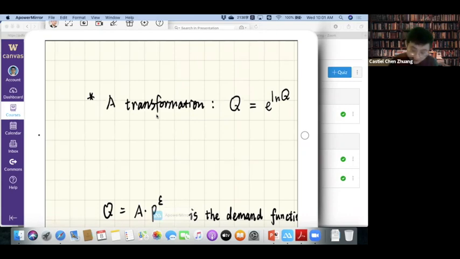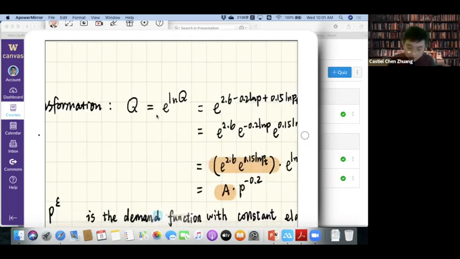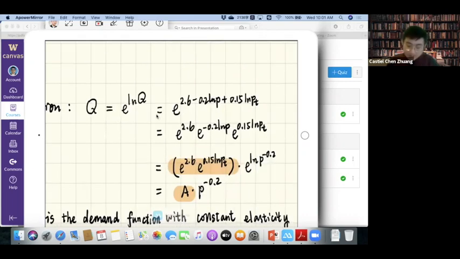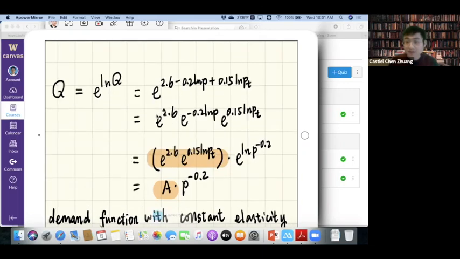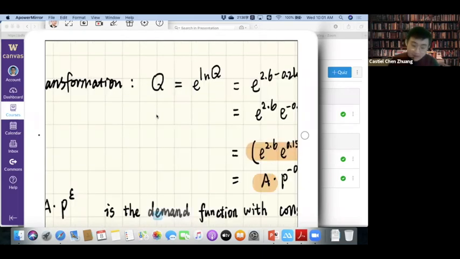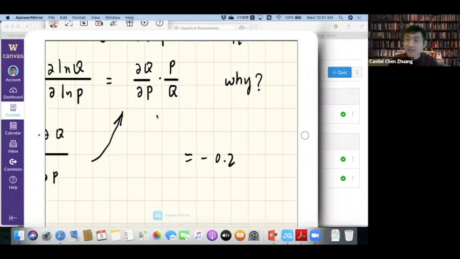So it's just this number, the exponent of P. We do this rearrangement and we see that the exponent is negative 0.2. And we calculate the elasticity, which is negative 0.2.